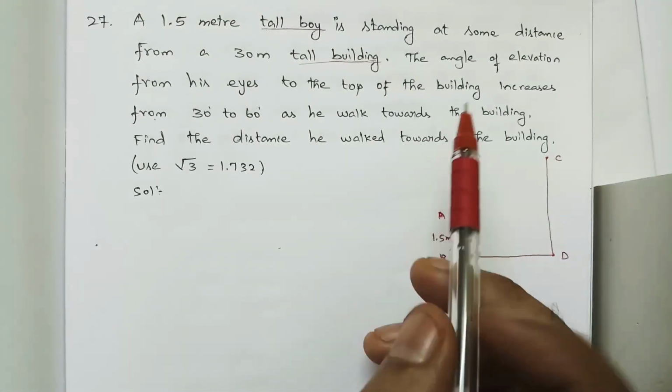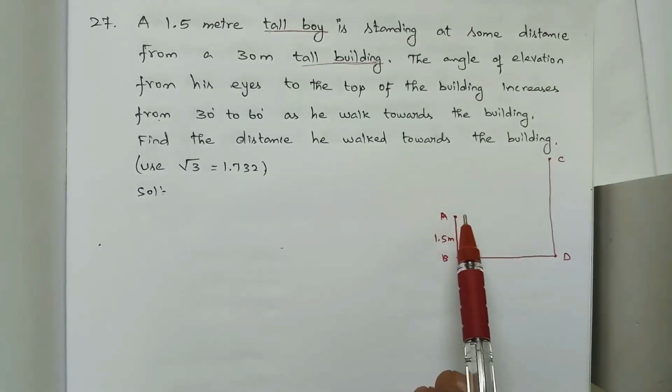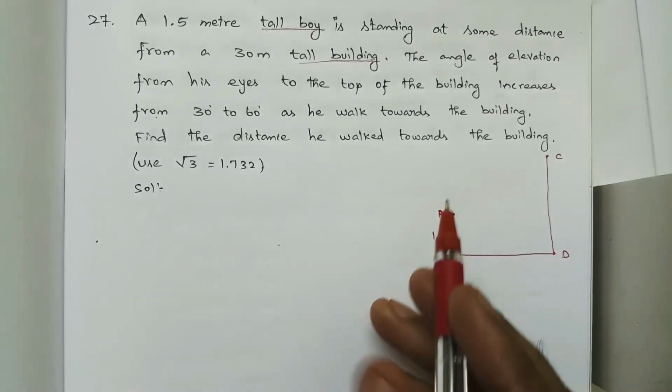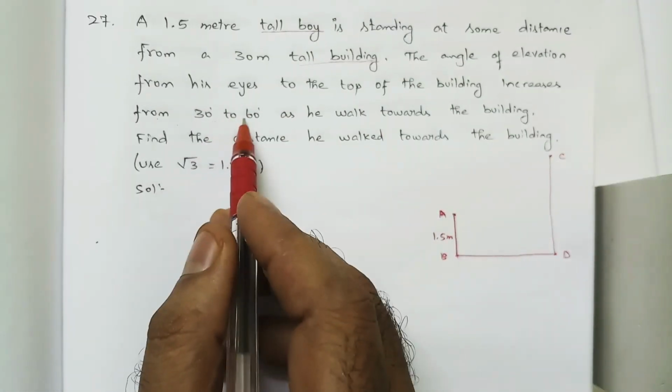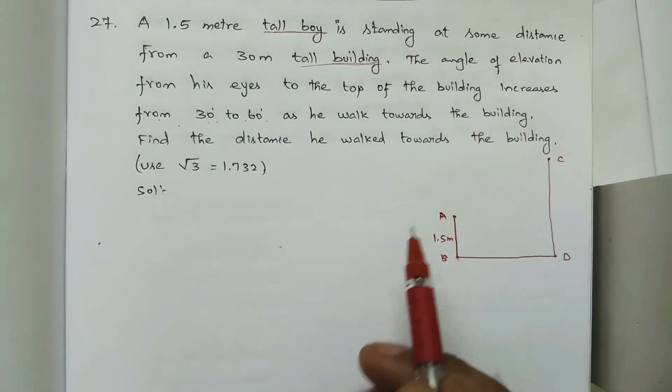The angle of elevation from his eyes, point A, to the top of the building increases from 30 degrees to 60 degrees. First the angle is 30, the next angle is 60.